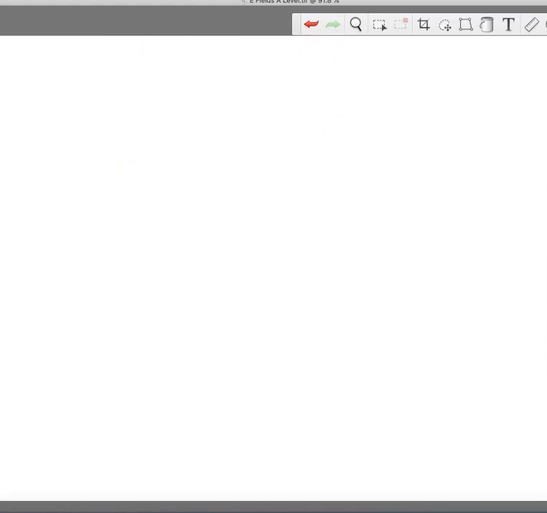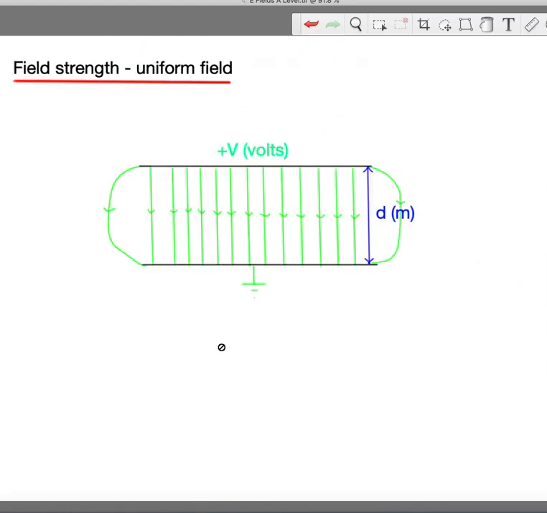Let's look then at a uniform field. Here's a diagram you've seen before. So here we have our two plates with a potential difference of V volts between them, and they are distance d apart.